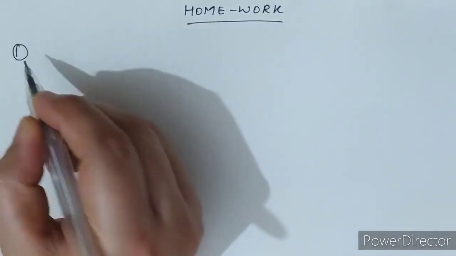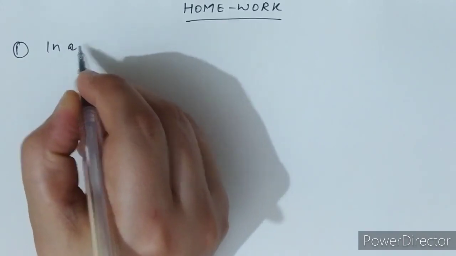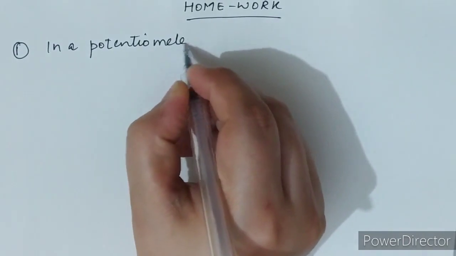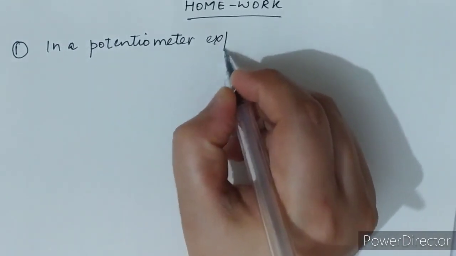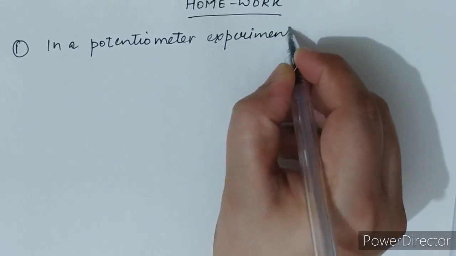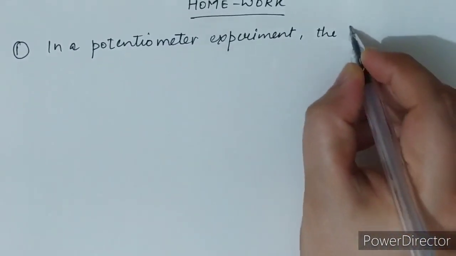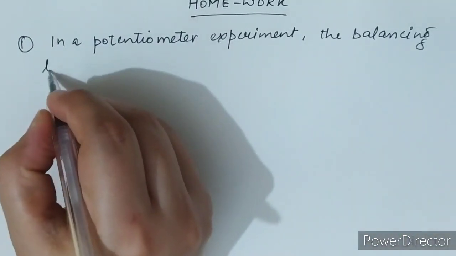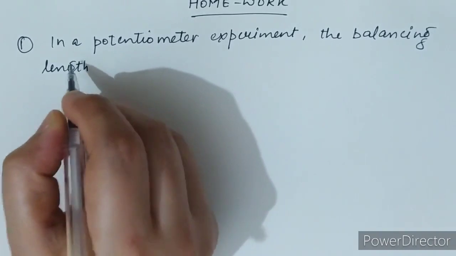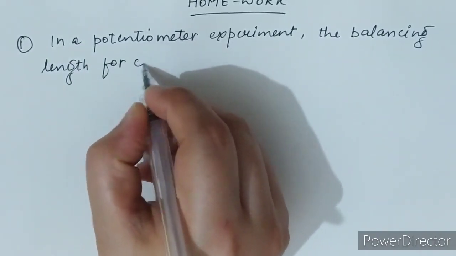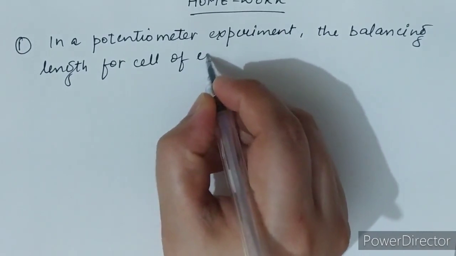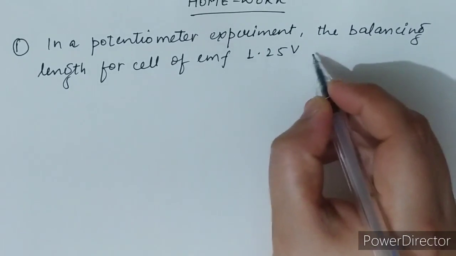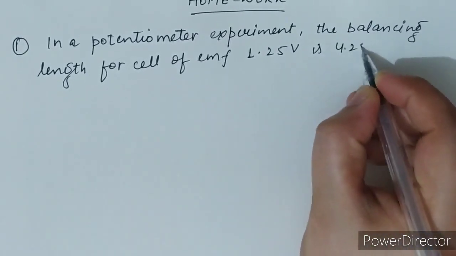So here the first question is, in a potentiometer experiment, the balancing length for a cell of EMF 1.25 volt is 4.25 meter.